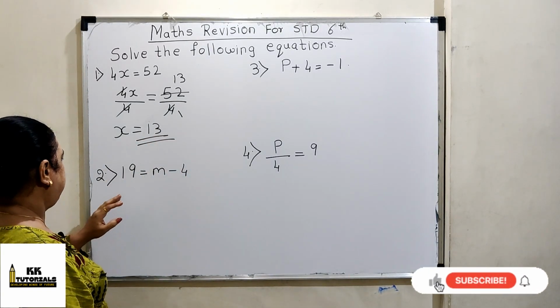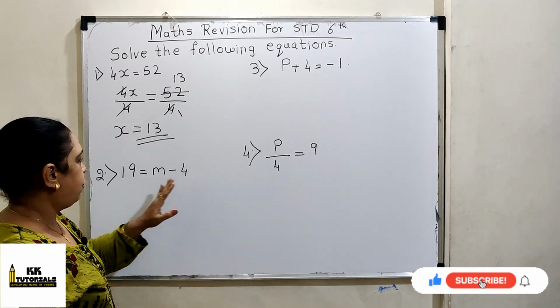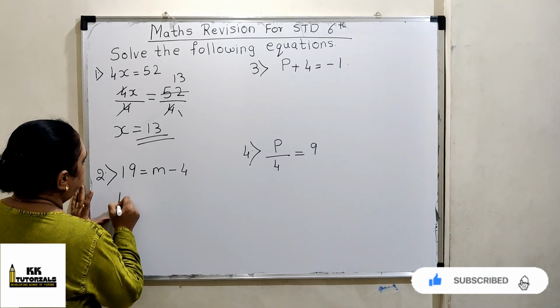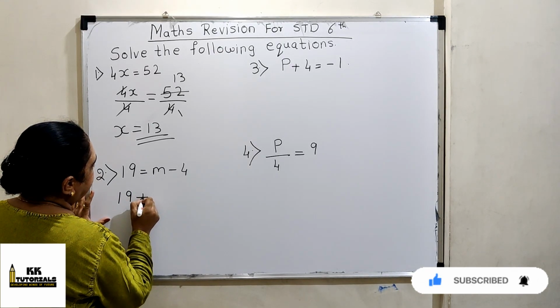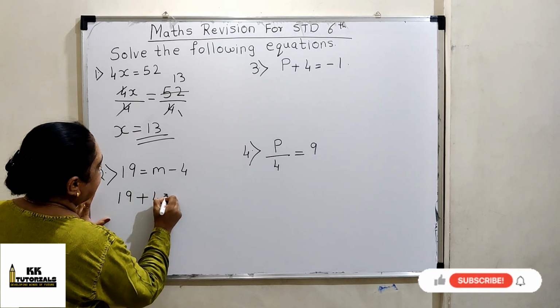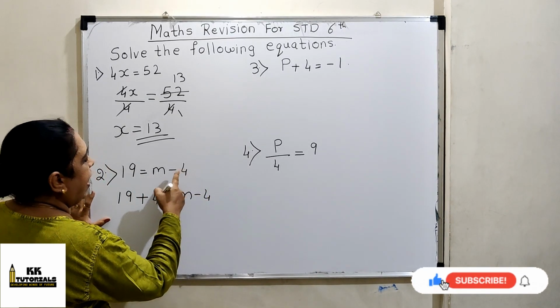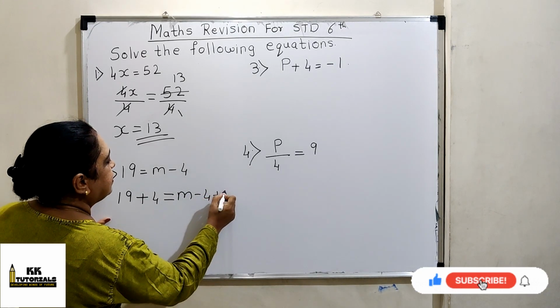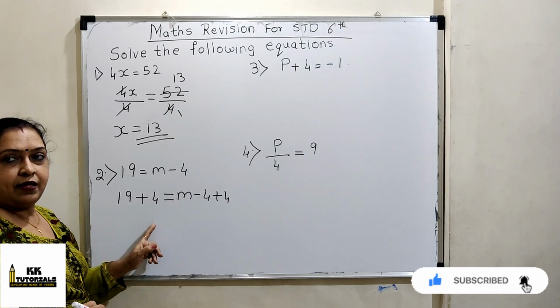Easy? Now, number 2. 19 is equal to m minus 4. Here it is minus 4, so here it will come plus 4, 19 is equal to m minus 4, and again we have to take over here plus 4. Both the sides we are adding.